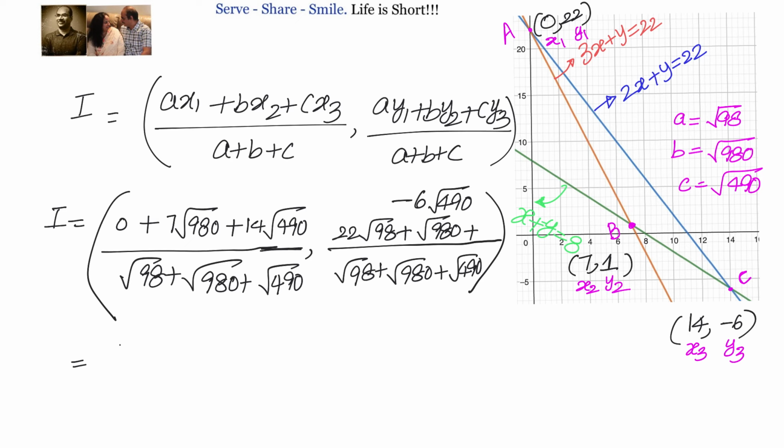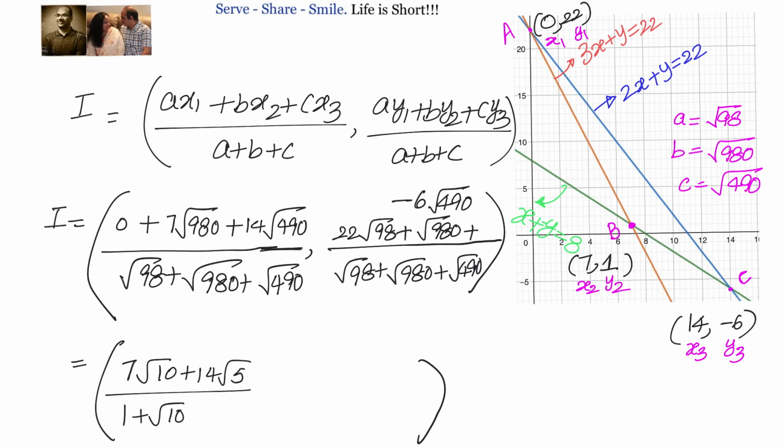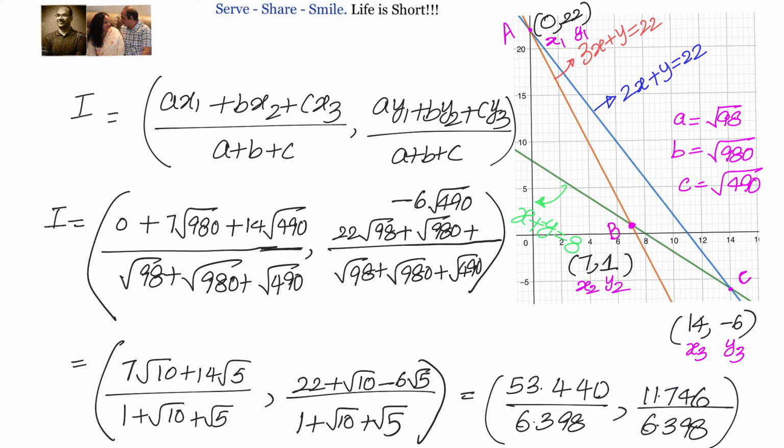Now in the numerator and denominator, we will divide by root 98. So we will have 7 root 10 plus 14 root 5 divided by 1 plus root 10 plus root 5. Similarly, for the y coordinate, again the denominator will be the same. In the numerator, we will have 22 plus root 10 minus 6 root 5.